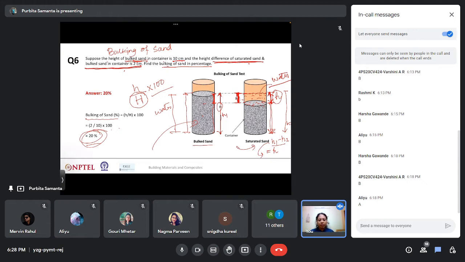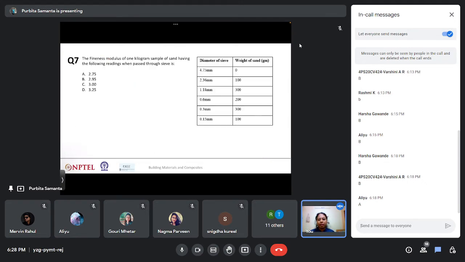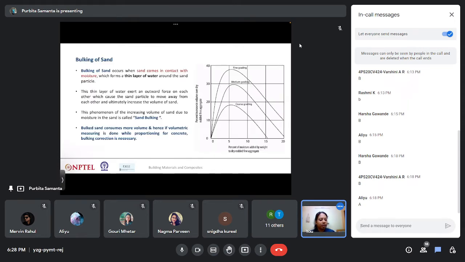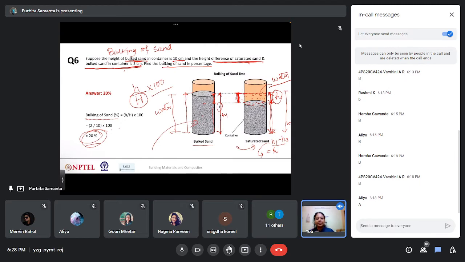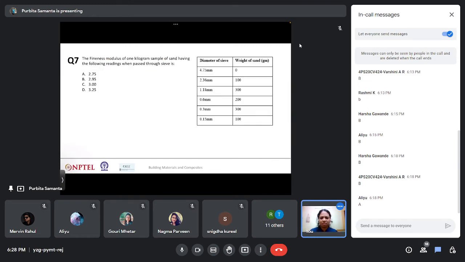Also, when talking about the bulking of sand, this is showing the change. I don't know why it doesn't sync with what I keep on changing. Just a second, give me a bit of time. Sometimes it takes time.